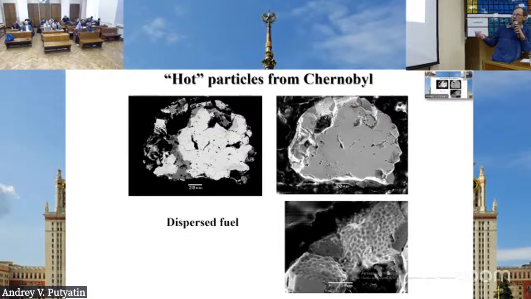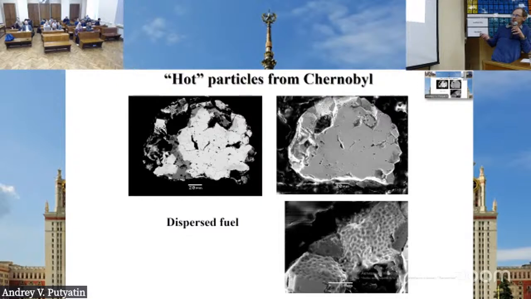And for example, on the surface of this hot particle, you see small bubbles. It is a very heterogeneous surface, which is very typical for a fuel which underwent a certain degree of burn-up, and fission products started to accumulate at grain boundaries.